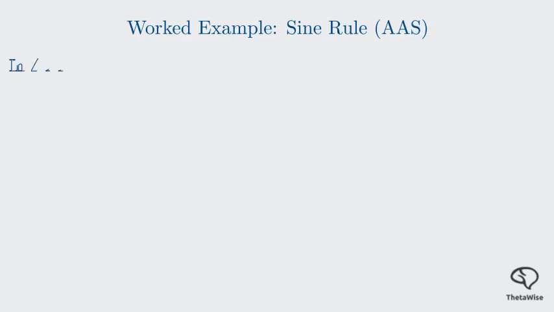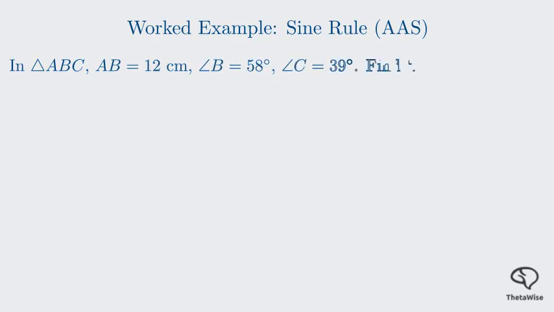We need to find the length of side b in this triangle, which is the side AC. We are given side c, AB, as 12 centimeters and angles B and C as 58 and 39 degrees respectively. To use the sine rule, we need a complete pair, a side and its opposite angle.